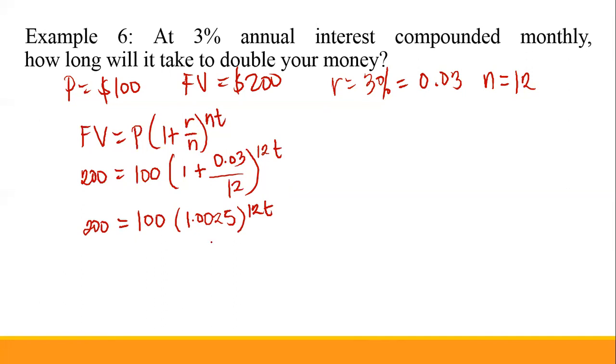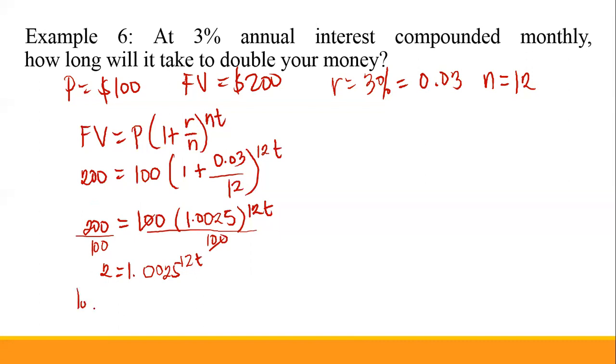Then, para matira ito, divide both of the equation by 100. So, this is now equal to 2 equals to 1.0025 raised to 12t. Di ba? And then, take the logarithm of each side, then use property 5 to rewrite the problem as multiplication.